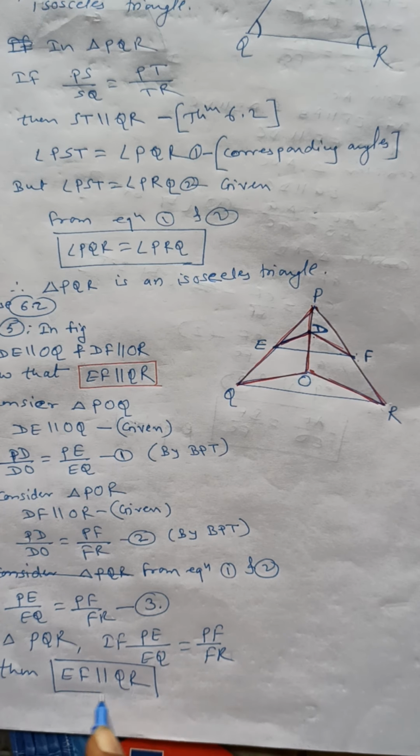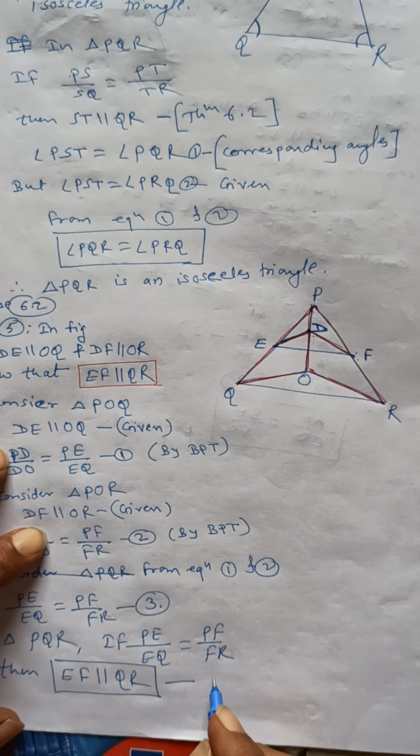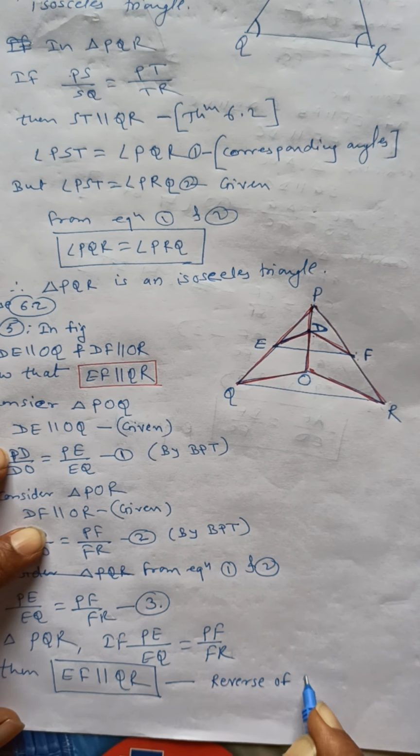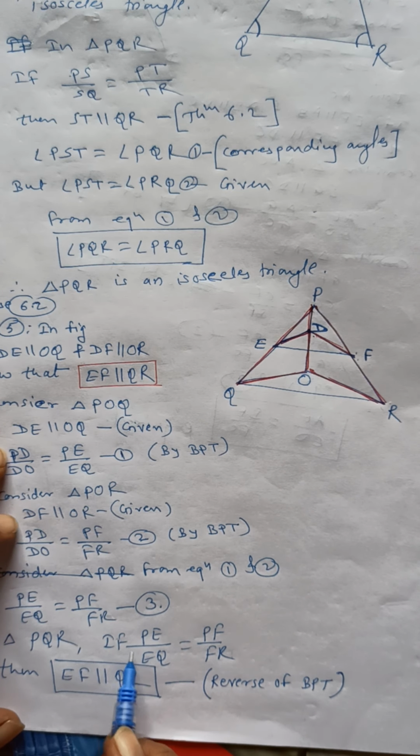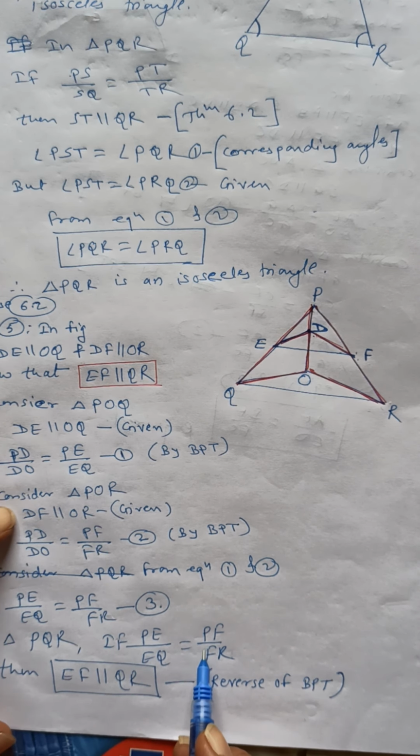How can we say that? For that you can give the reason: reverse of BPT. What is the reverse of BPT? If a line divides the other two sides in the same ratio, then the line is parallel to the third side of a triangle. Hence it is proved.